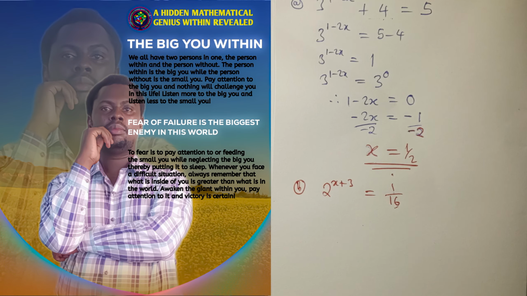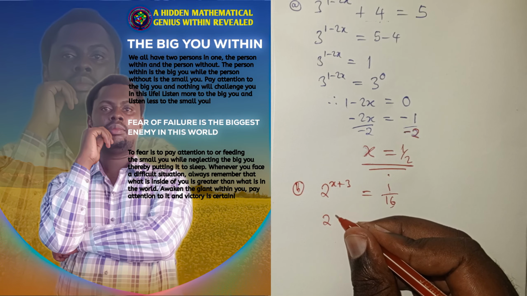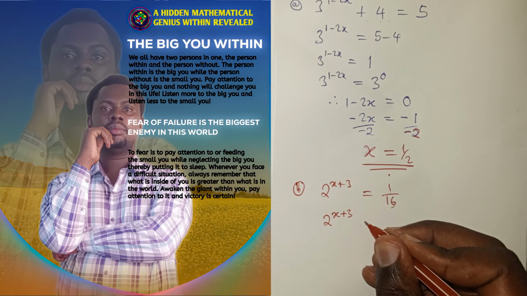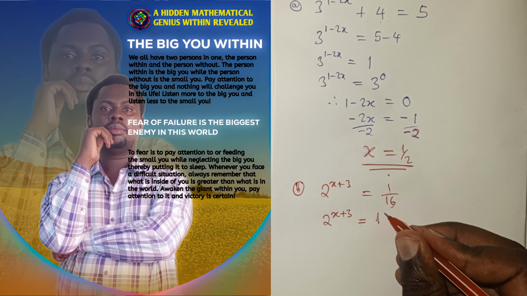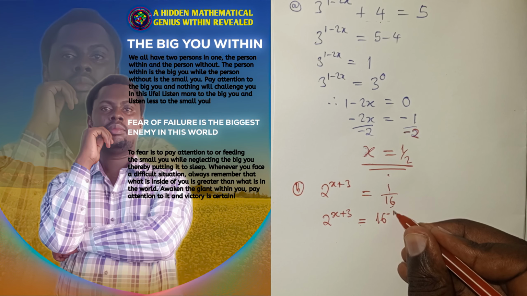Any whole number has a power of positive 1. So from 16 to the power positive 1, it will be 16 to the power negative 1. So we are going to have 2 to the power x plus 3 is equal to 16 to the power negative 1.